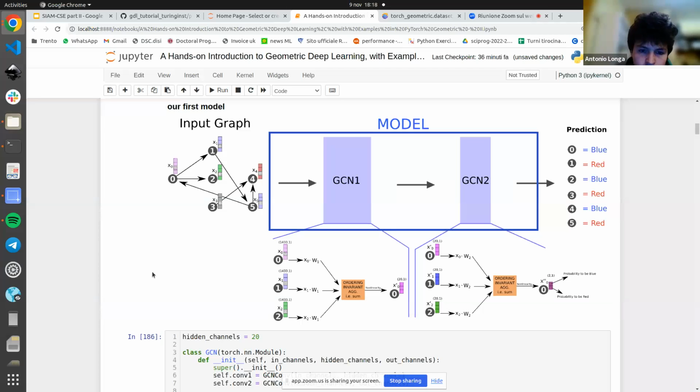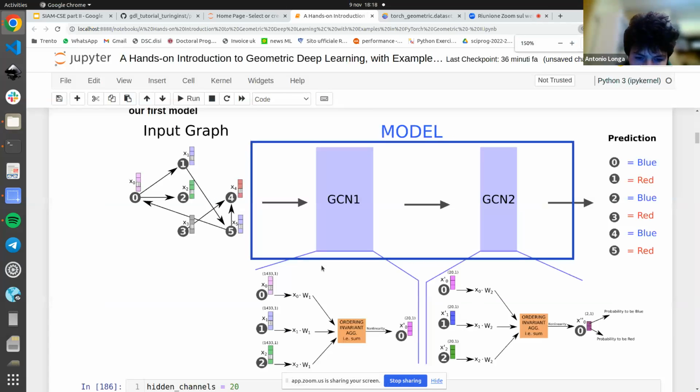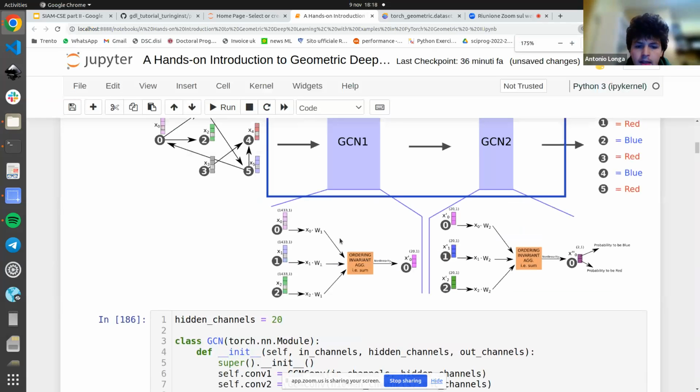I don't know if you can see or if it's too small. Okay, so here the idea is that we have our input, the node feature of node 0, that is 1433 times 1, so the entire vector.